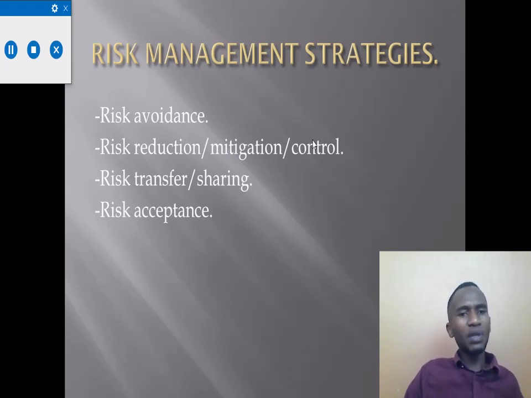You don't take up that risk. Then the next one is risk reduction, also mitigation or control. You are supposed to reduce them. You should not overtake the risks. You should control them. You should not be taking risks up and down daily. Then the next one is risk transfer, or sharing. That is, you have to share the risks. Then there is risk acceptance. You have to accept some risks, because there is no business that can grow without accepting risks.